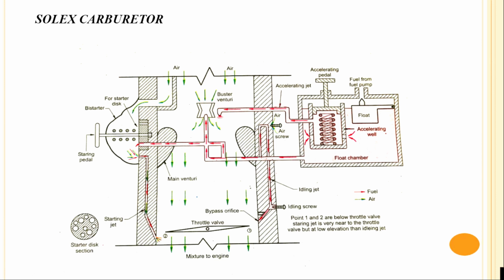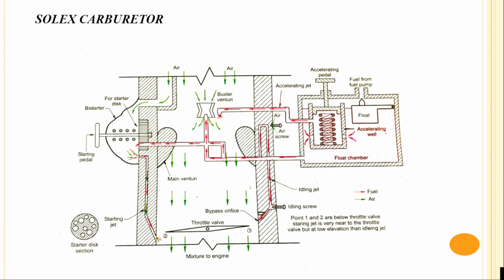Now first, the starting condition. The unique feature of the Solex carburetor is the provision for a bi-starter or progressive starter. The starter valve is in the form of a disc with holes of different sizes. These holes are connected to the petrol jet.